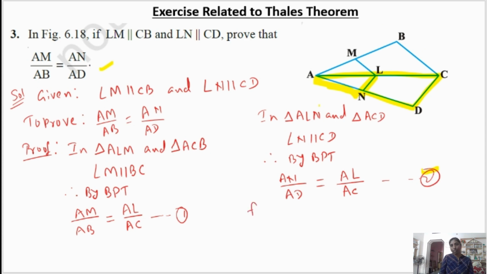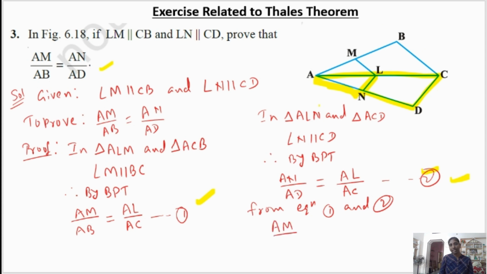Now from equation number 1 and 2, you can see that the right hand sides are equal, AL by AC, and here also AL by AC. So the left hand sides are also equal.